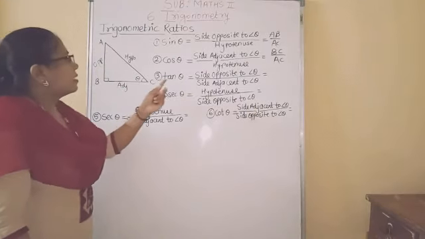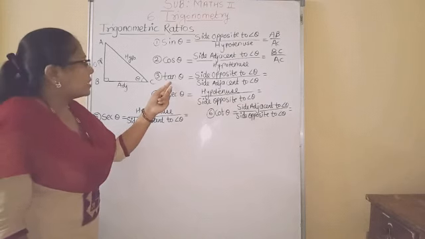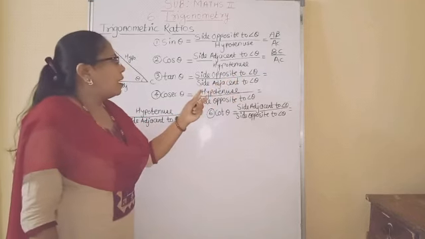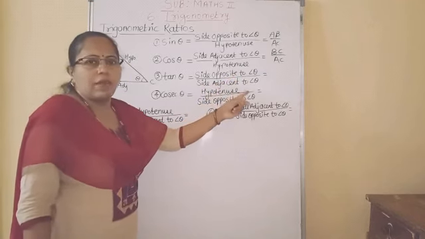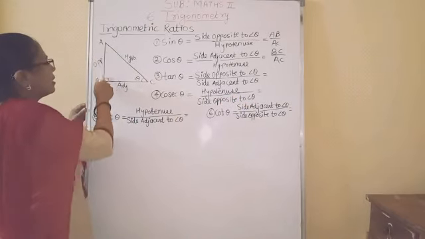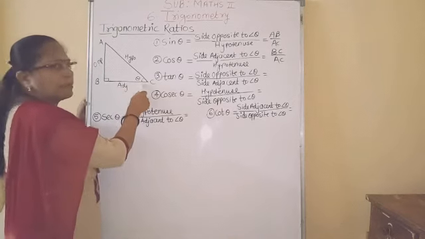The third ratio is tan theta. The tan theta formula is side opposite to angle theta upon side adjacent to angle theta. Here, the side opposite to angle theta is AB and the side adjacent to angle theta is BC.